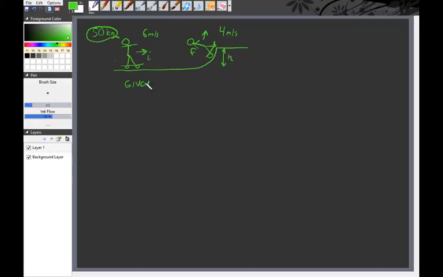And amazingly enough, we can actually solve for the height of this ramp without knowing anything about the shape of this ramp, without knowing anything about anything else in this problem. We're going to solve it using energy.